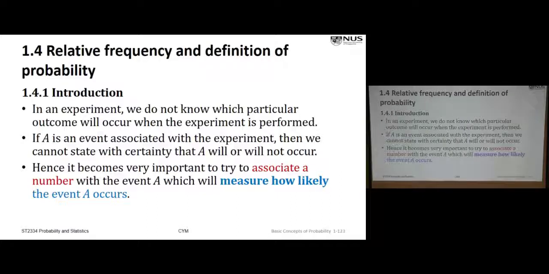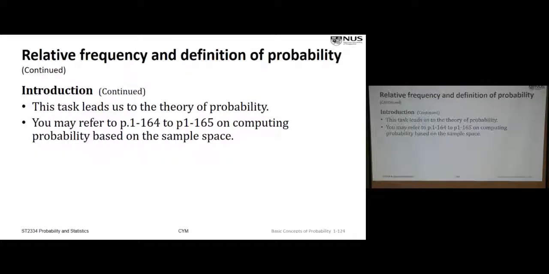So basically, we do the experiment a number of times, let's say 1 million times, and then look at how many times the experiments give you an event A, and take the ratio, the relative frequency. That means the number of times that the event A occurs over the number of experiments that you do.